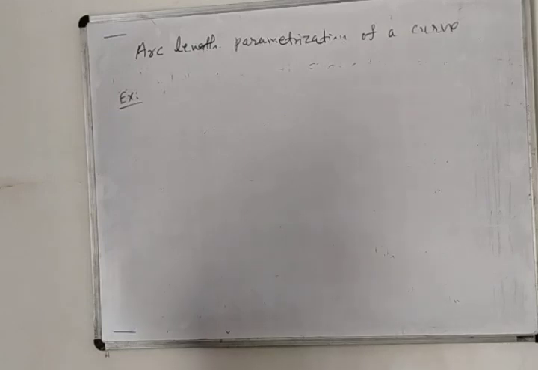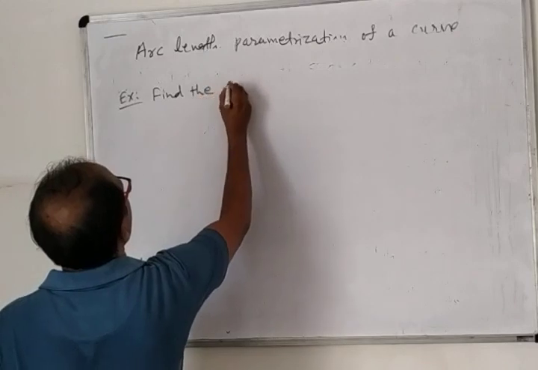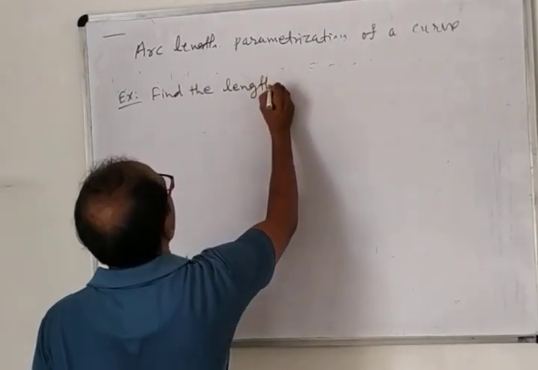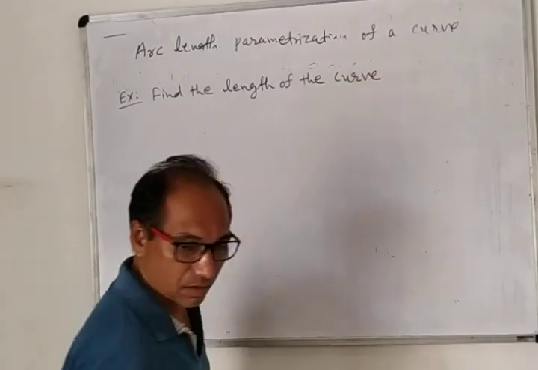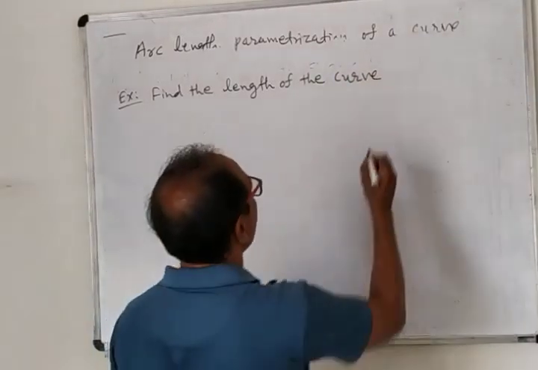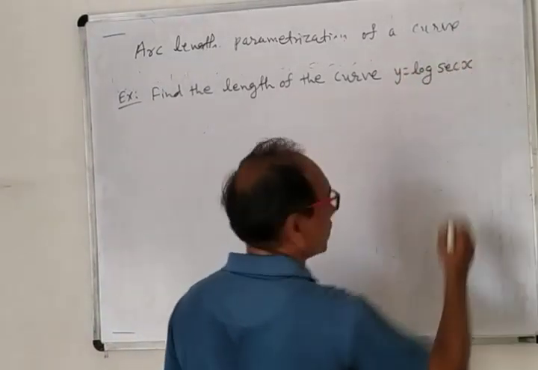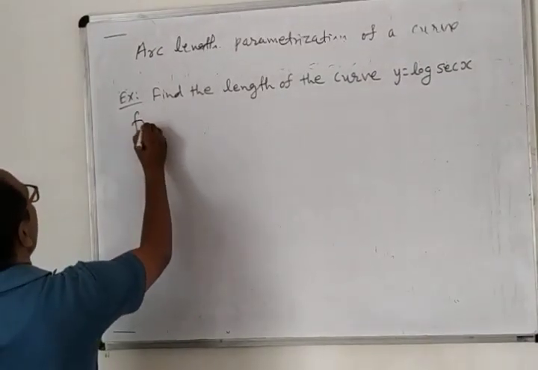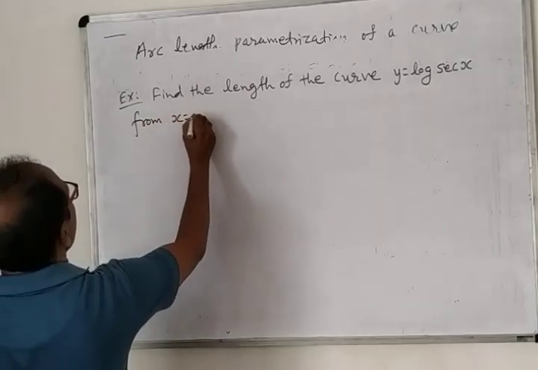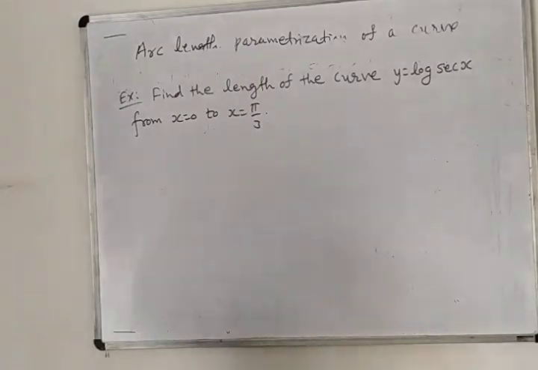Example. Find the length of the curve y equal to log of sec x from x equal to 0 to x equal to pi by 3.